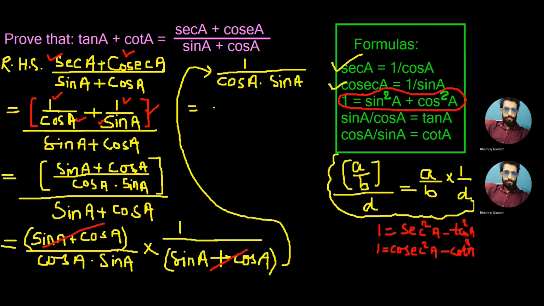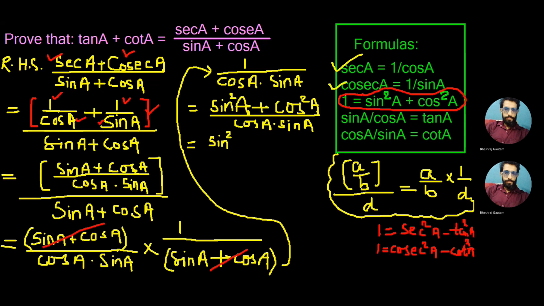So to simplify, we write sin square A plus cos square A in place of 1. And we have the denominator as cosA into sinA. Now let's separate the components of the numerator, distributing the denominator to each of them.